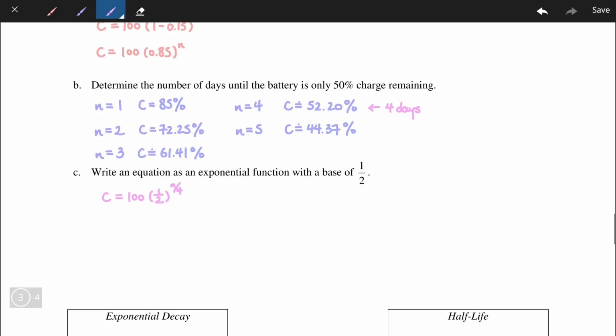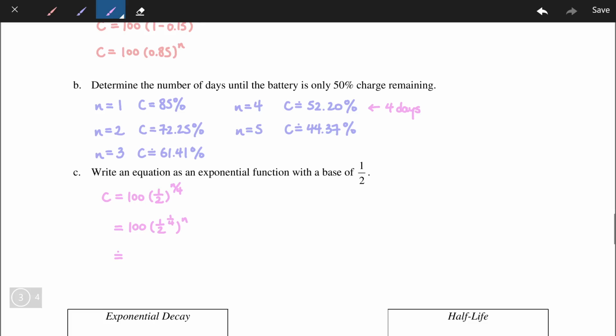So just as before, we can look at it as 100, and then 1/2 to the 1/4 power to the n. And if we were to evaluate 1/2 to the 1 over 4th power, we should get some number that's very close to 0.85.